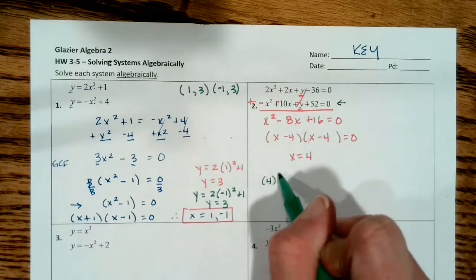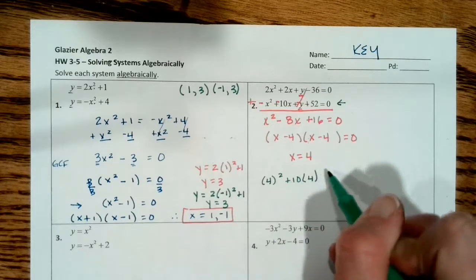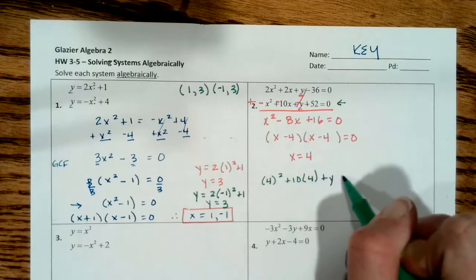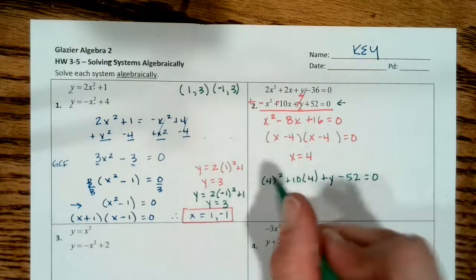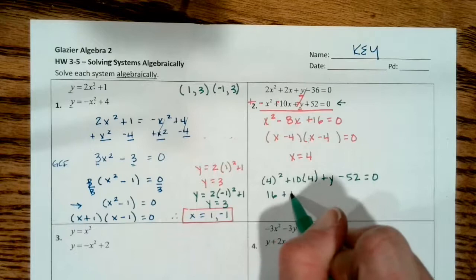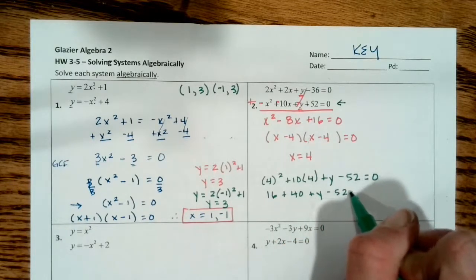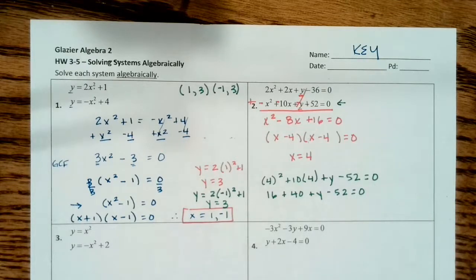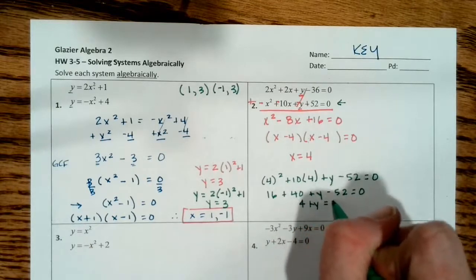So 4 squared plus 10 times 4 plus y minus 52 is equal to 0. 16 plus 40 plus y minus 52 is equal to 0. 16 plus 40 minus 52 is 4, so 4 plus y is equal to 0.